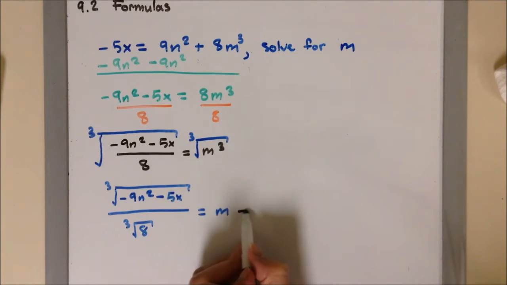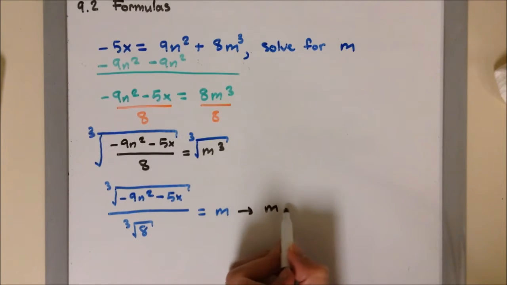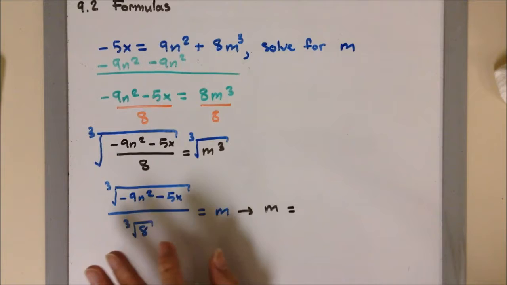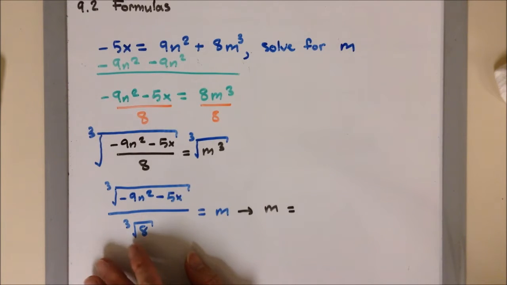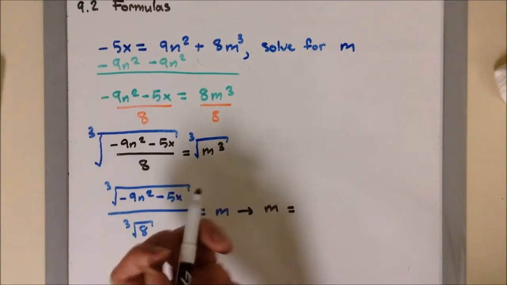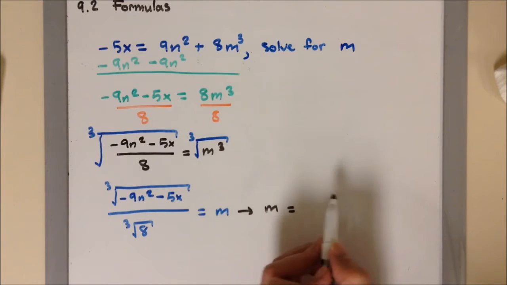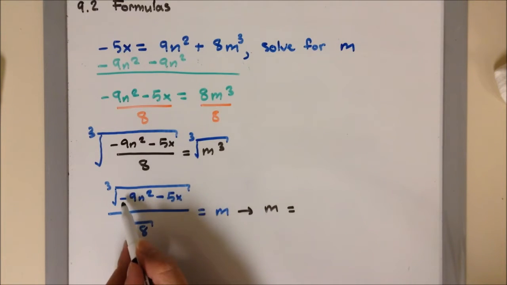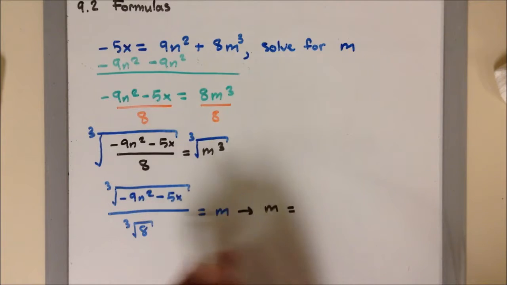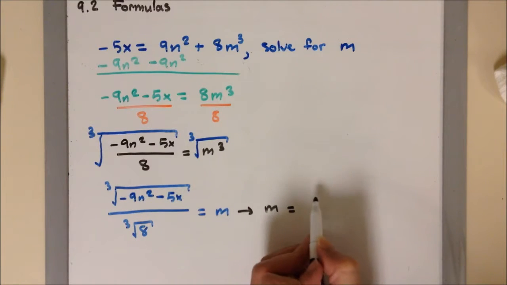Alright, I'm almost finished. So, all we're going to do is just simplify the denominator, which is the cube root of 8. The numerator will stay the same because there's nothing you can simplify for the negative 9n squared minus 5x with the cube root. So it stays the same on the top.